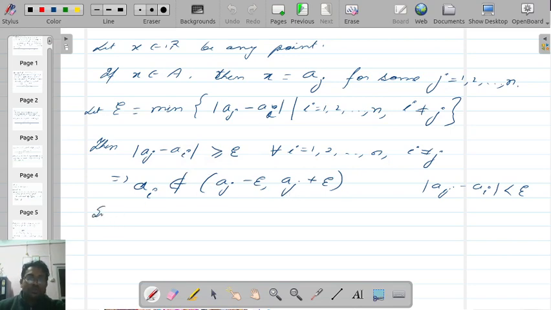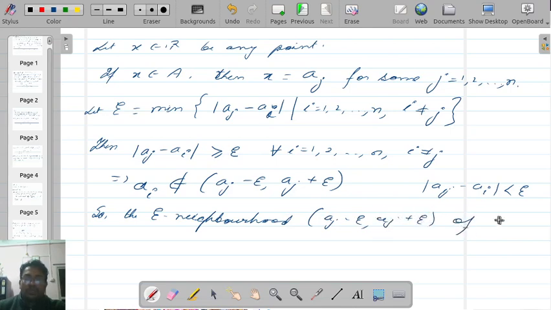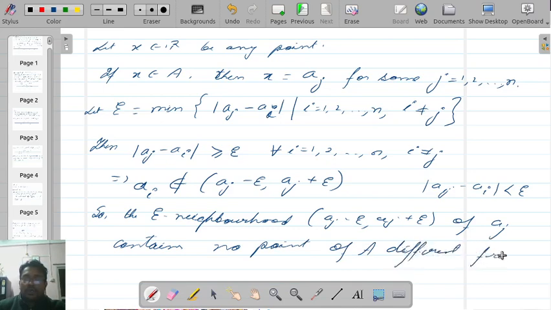So the epsilon neighborhood a_j minus epsilon to a_j plus epsilon of a_j contains no point of capital A different from a_j. Therefore a_j is not a limit point.